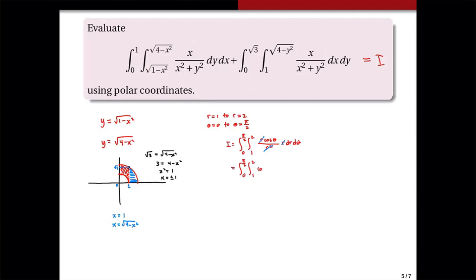So we just have cosine theta dr d theta, or this is just 2 minus 1, the integral from 1 up to 2 dr. And then we have cosine theta d theta, but this is just sine theta evaluated from 0 to pi over 2, and this is just equal to 1. So this is the value of this integral here.